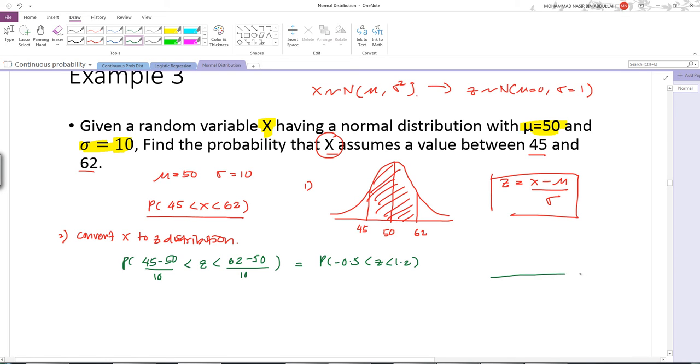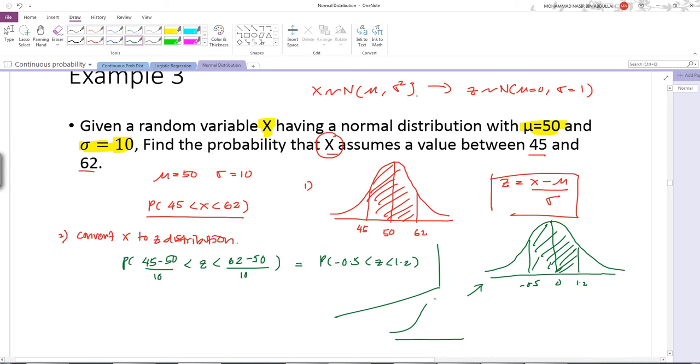So then baru kita draw a standard normal distribution. This is 0, negative 0.5, this is 1.2. Right? So, to get this answer, kita boleh draw, illustrate dalam curve lagi, macam mana kita nak cari this answer.